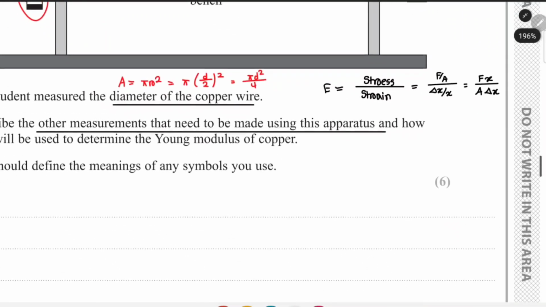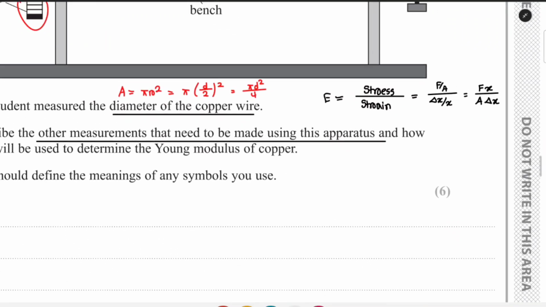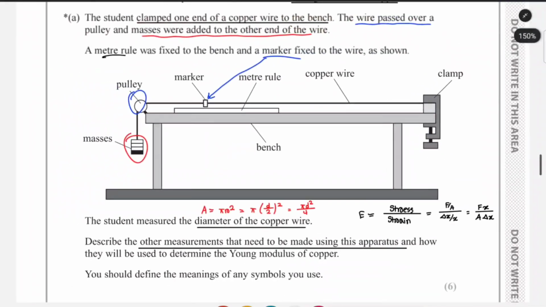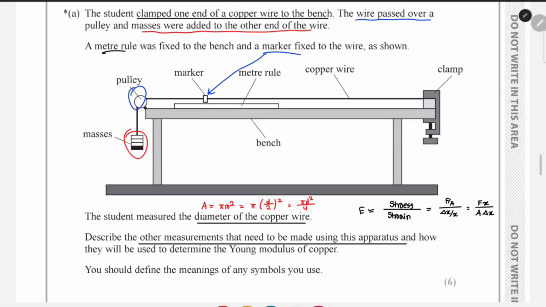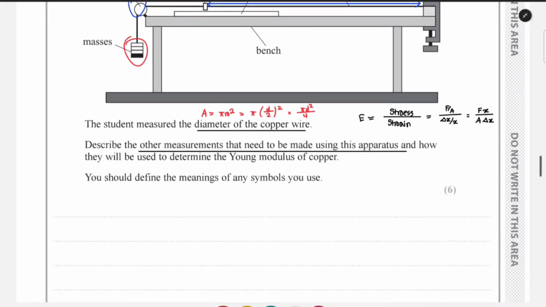The other thing that I need is the original length of the wire. So the length that I will measure will be this length over here, from the clamp to the marker, since I'm tracking the extension at that point of the wire.